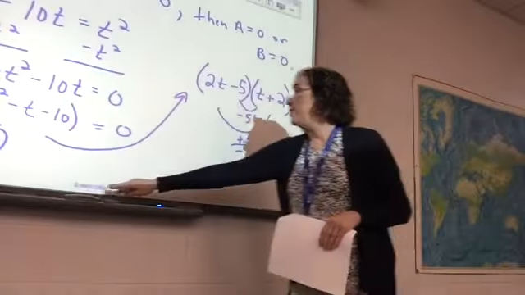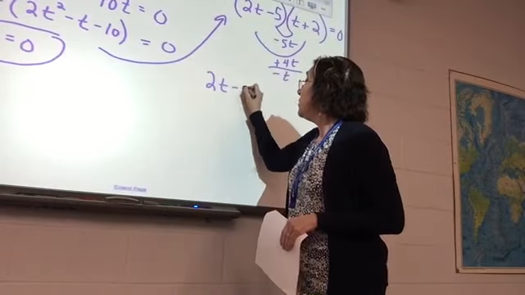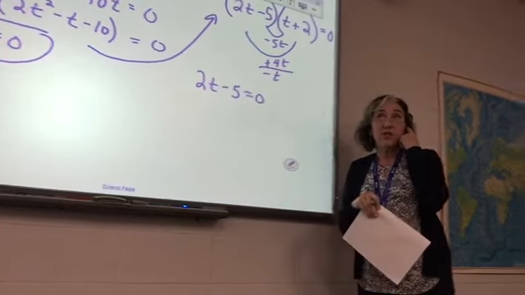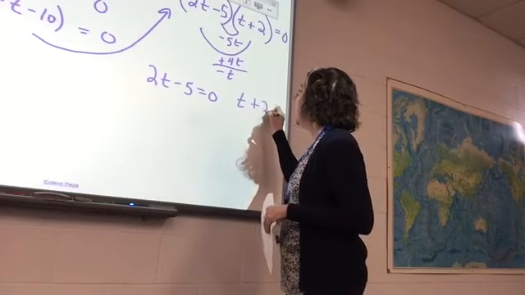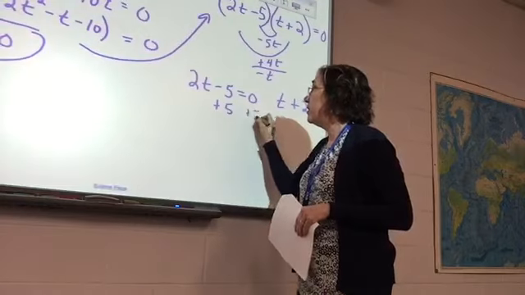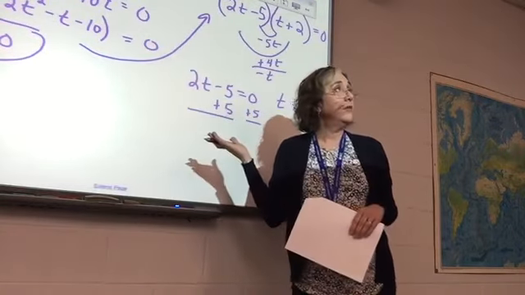Now what I'm going to do is take the factors. I'm using factoring methods, so now we want to find out what makes each of the factors come out to 0. Those will be our solutions. So these are now linear factors, and I'm just isolating.